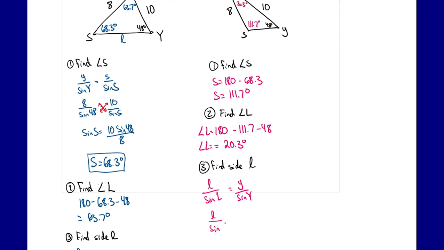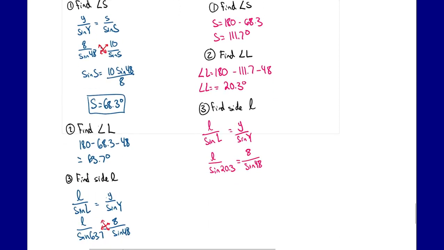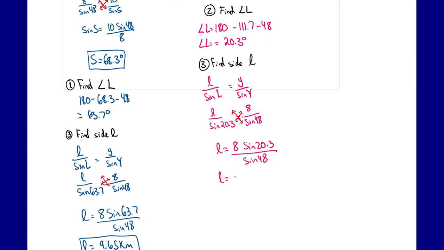Sine of angle L is sine of 20.3, that angle we just found in the previous step. y is 8, and sine of angle Y is sine 48. I'm going to cross multiply and rearrange for L. So I'll get L is equal to 8 sine 20.3 divided by sine 48. Again, very similar to what we just did. We get L is equal to 3.7 kilometers. So those are the two possible scenarios.